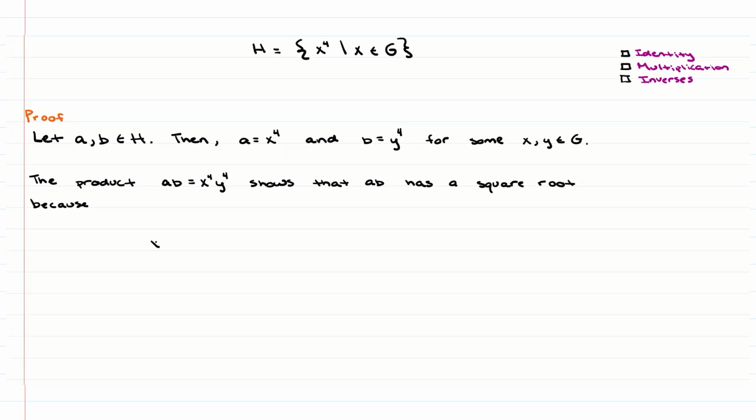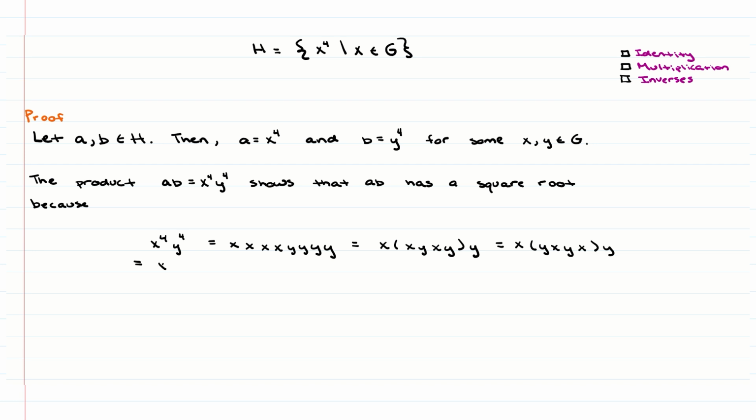We have x raised to 4 times y raised to 4. This expands to x, x, x, x, and y, y, y, y. This equals a factor of x times xy, xy, times a factor of y. And then we can flip the order of the x's and y's inside of the parentheses. So x times y, x, y, x.